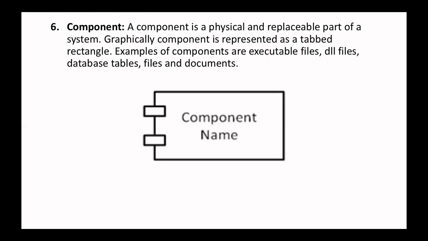You will encounter different kinds of deployment components, such as JavaBeans components, as well as components that are artifacts of the development process, such as a source code file. A component typically represents the physical packaging of otherwise logical elements such as classes, interfaces, and collaborations. Graphically, a component is represented as a rectangle with tabs, usually including only its name.